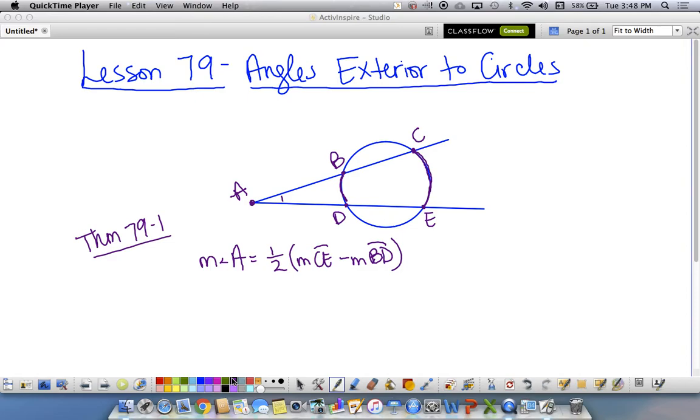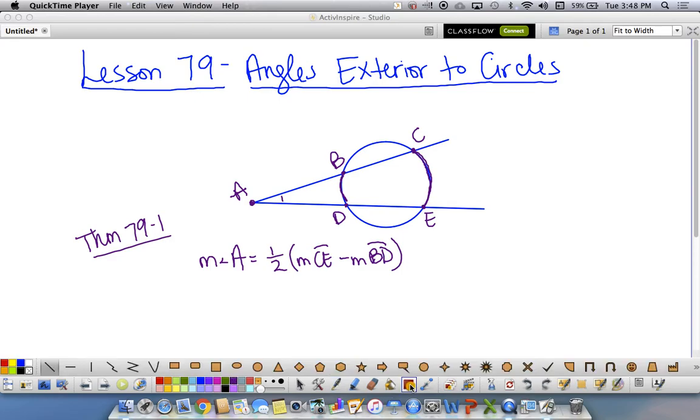Is it okay if one of these lines is not a secant? This line AE. What if we drew something that was a little crazier? I'm going to draw a smaller circle over here and draw some lines. One that's a secant. Remember what a secant is?